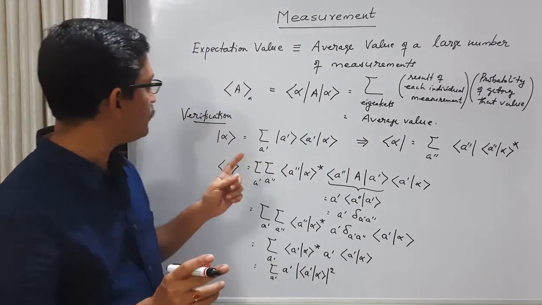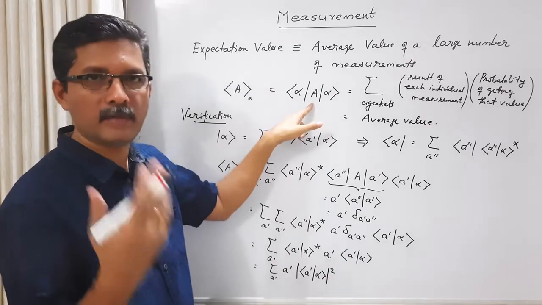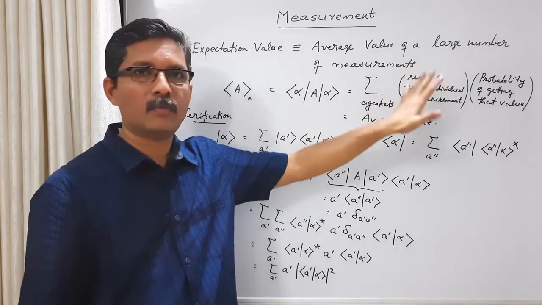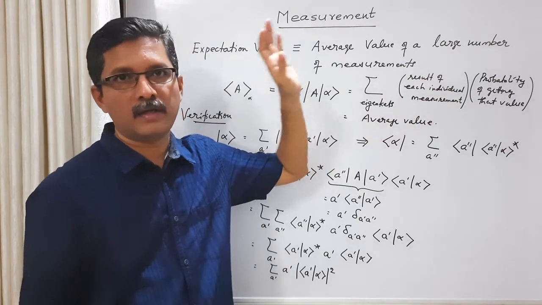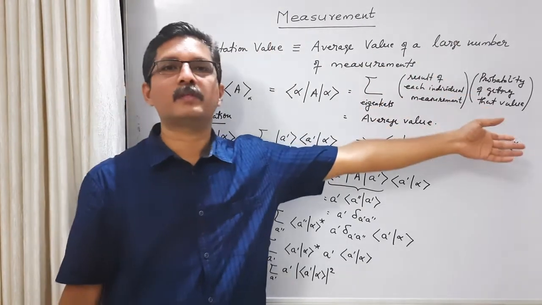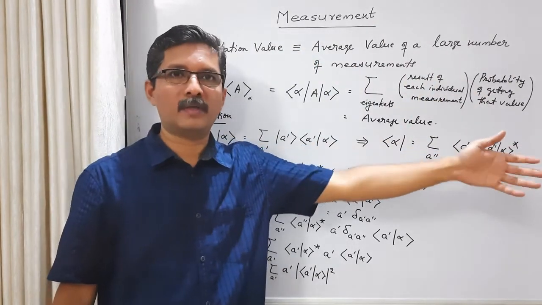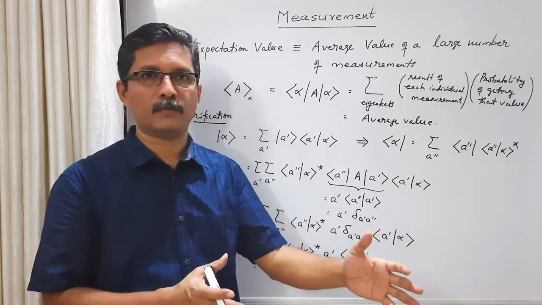So we have started from this definition of expectation value, and we have got this standard expression in probability theory for the average of a quantity. Take each individual measurement, multiply with the probability of that measurement, take the next one, multiply with the probability, and sum over each value into probability of that value.